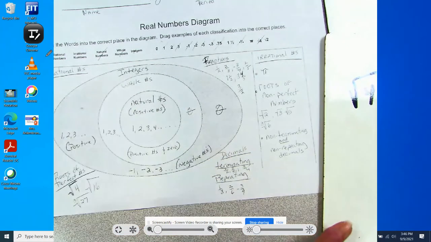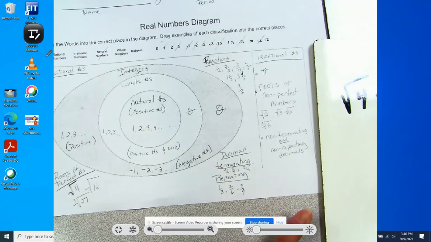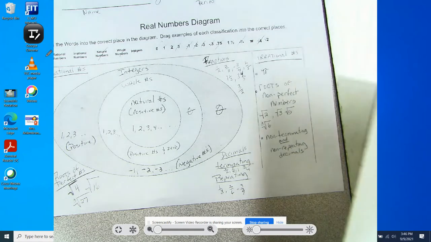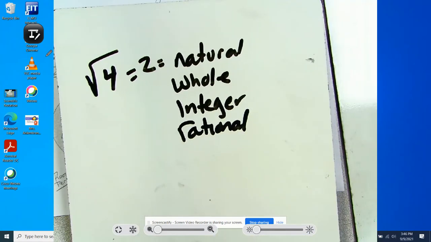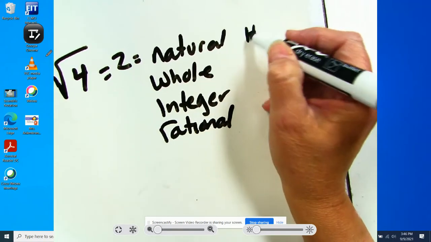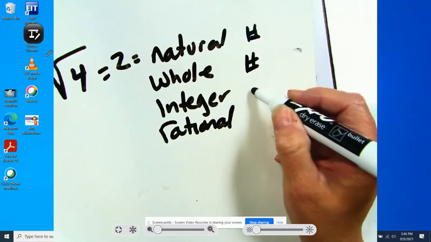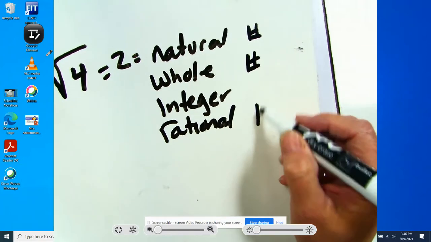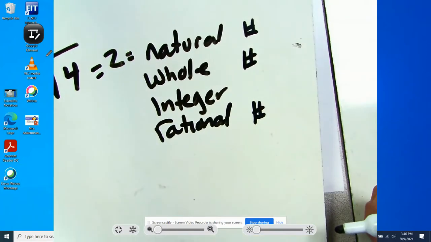It's also an integer. And it's also rational. So if we were classifying the square root of 4, which equals 2, we would say that it is a natural number, a whole number, an integer, and a rational number. So it would be in all of these categories.